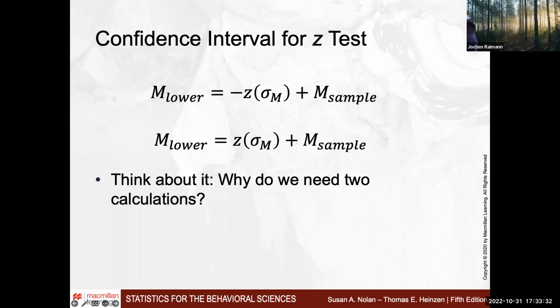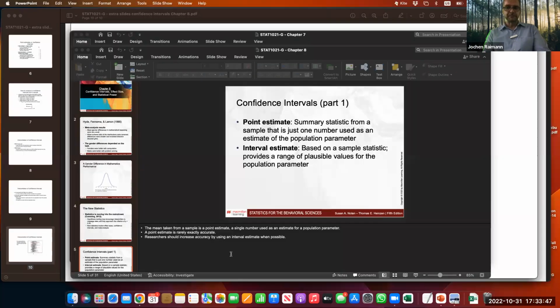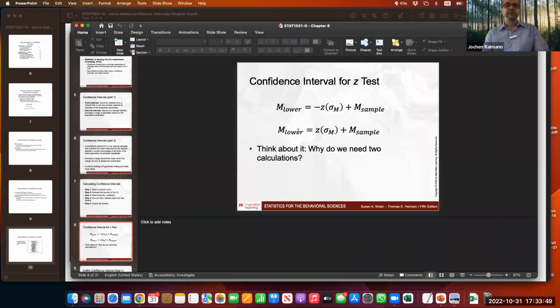I would do it the other way around: I would take the mean and subtract the positive z times the standard error, so you're going downwards. And the upper bound is adding it to the mean. So you get boundaries around the mean.